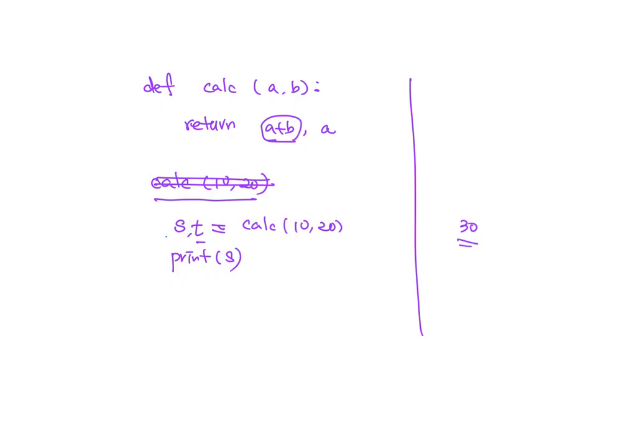So in this structure, S receives the value of A plus B, and T receives the value of A. So when you print S, 30 will be displayed. And if you print T, then the additional value will be displayed on the screen.